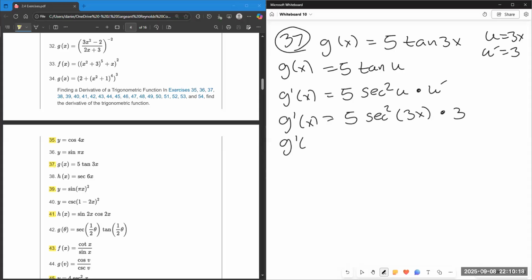So g prime of x is 15 secant squared of 3x.